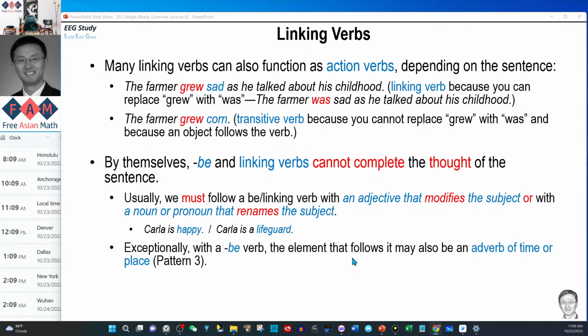The party was yesterday. But yesterday, as an adverb, is neither a name for the party nor an inherent character or property of a party. So that really is an exception rather than the rule.